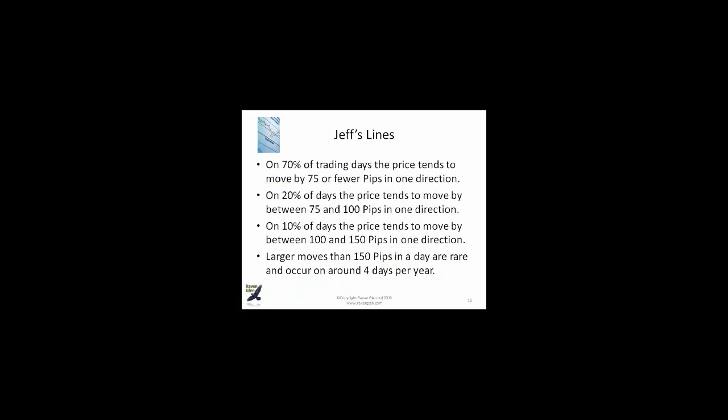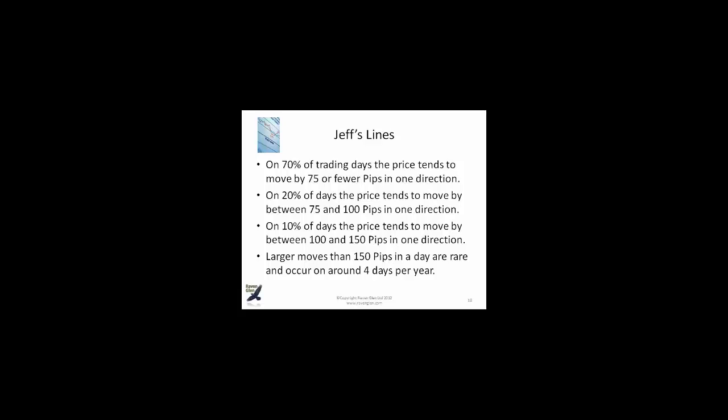What I noticed from my months and years of analysis of price movements was that 70% of trading days saw a price move by 75 pips or fewer in one direction. On 20% of the days we saw the price move between 75 and 100 pips in a single direction. And on 10% of days, only 10% of days that is, the move was between 100 and 150 points in one direction.